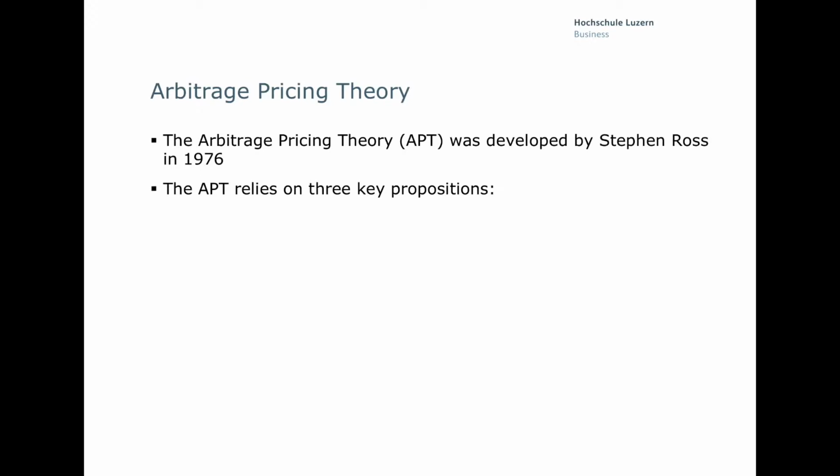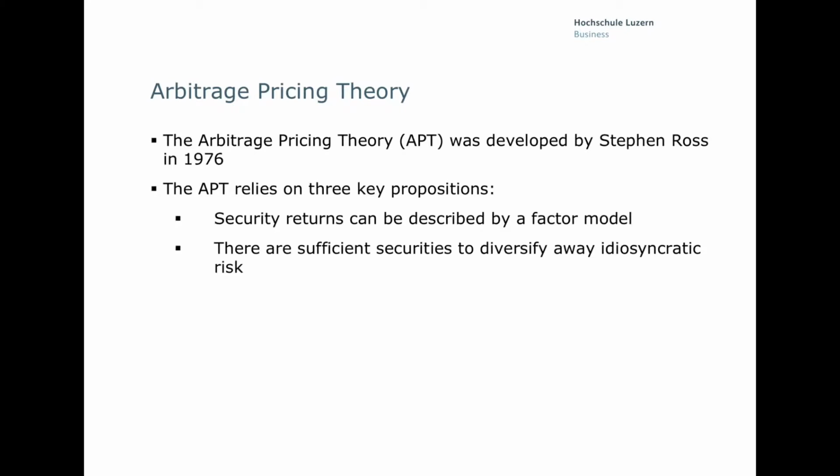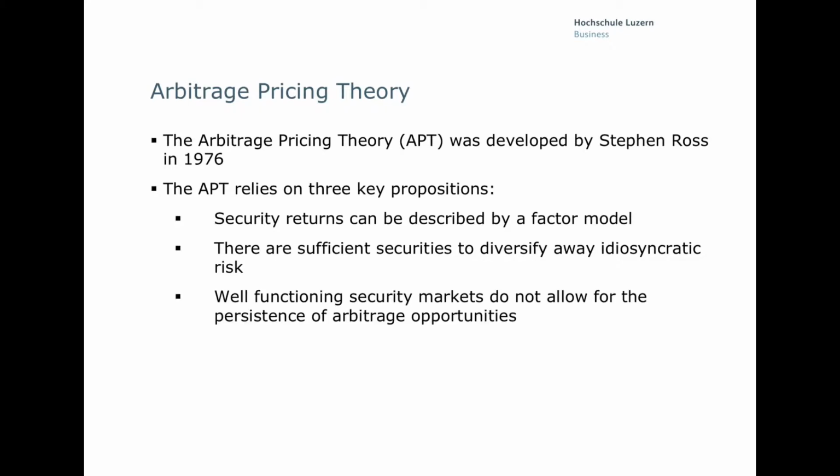The APT relies on three key propositions. First, security returns can be described by a factor model. Second, there are sufficient securities to diversify away idiosyncratic risk. And third, well-functioning security markets do not allow for the persistence of arbitrage opportunities.